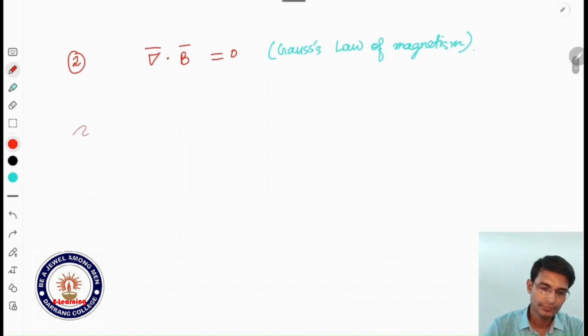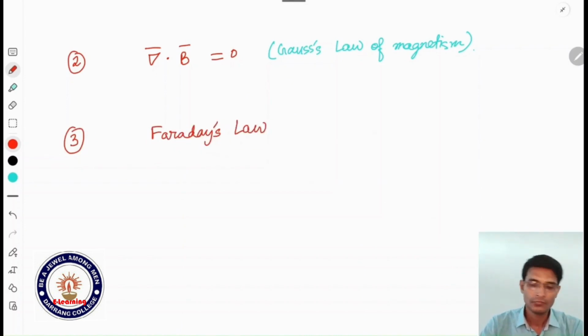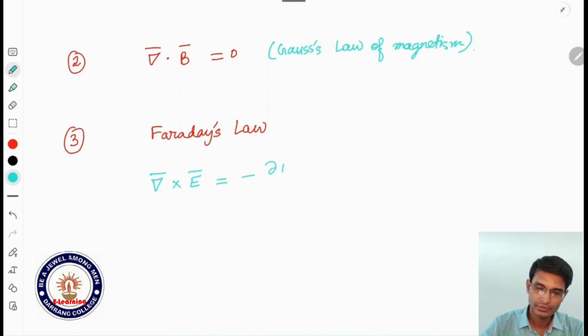Number 3 is Faraday's law. Faraday's law can be written as curl of electric field is equal to minus del B del t. So this is the differential form of Faraday's law.